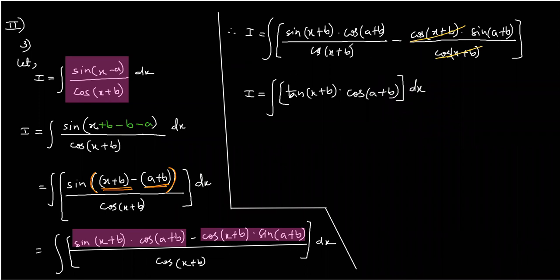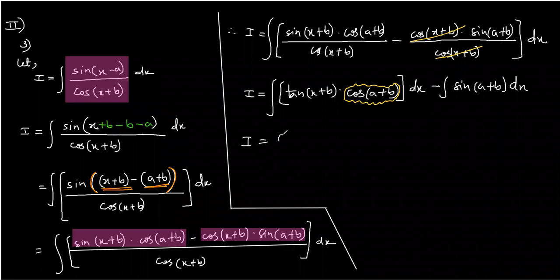Integral of this minus integral of sine of a plus b dx. Now in the first integral, cos of a plus b is a constant, there is no x in it, so this will go out.